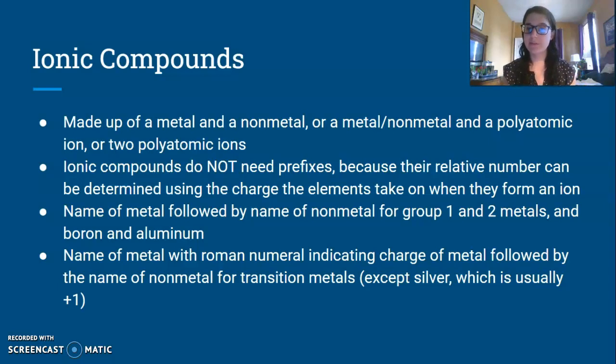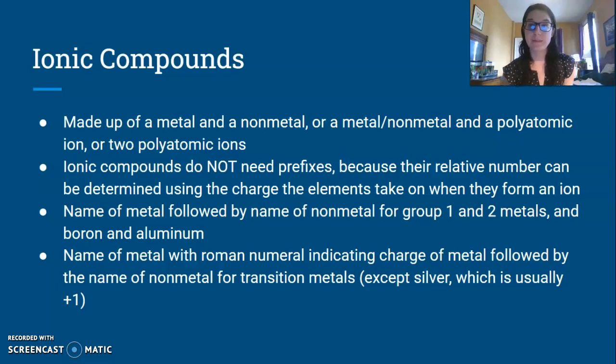We always have the name of the metal just as it appears on the periodic table, followed by the name of a nonmetal that ends in "ide." If we have a transition metal, that is the metals that come in the center block of the periodic table, there's going to be a Roman numeral that tells us the charge of that metal because transition metals have variable charges.